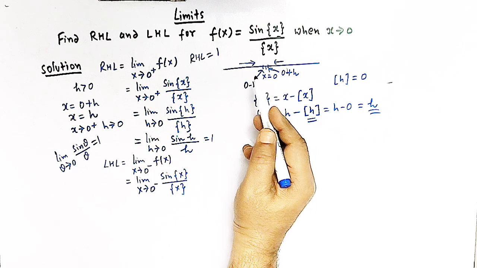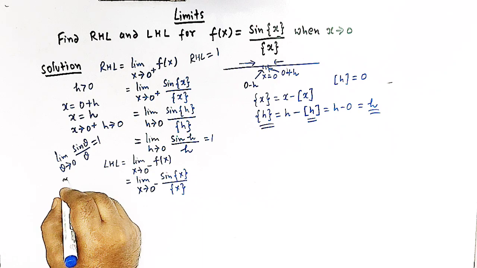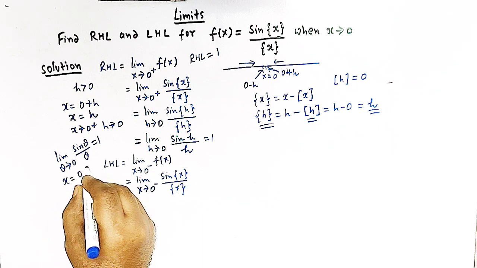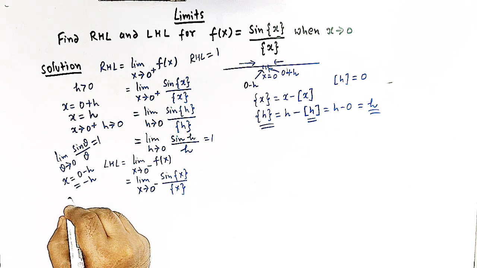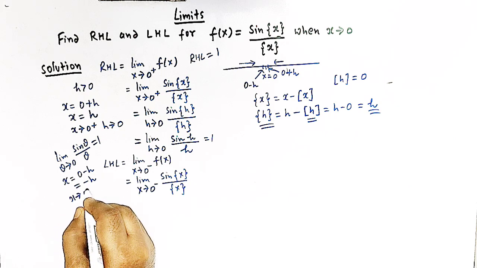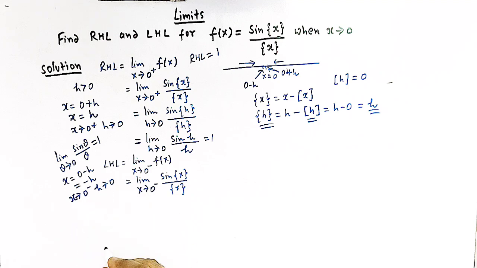Now to calculate the left hand limit, we will make use of this substitution, that is x is equal to 0 minus h, that is minus h. And when x tends to 0 minus, then we have here h tending to 0.